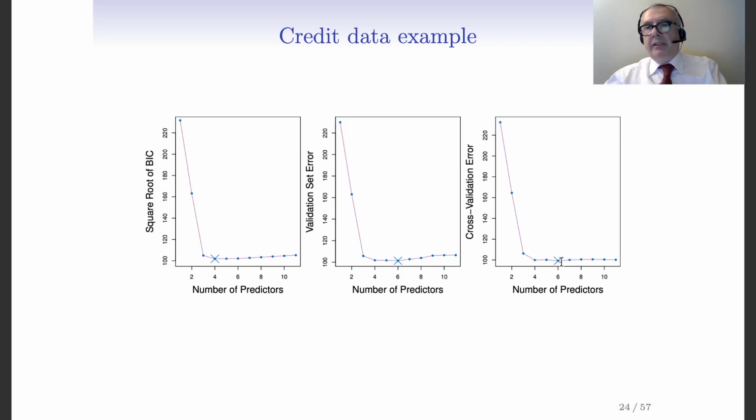Being within the band means that it is not so different from the best performance, which is estimated, after all, the estimated best performance that I have found, and moreover, it has the advantage of being a simpler model.